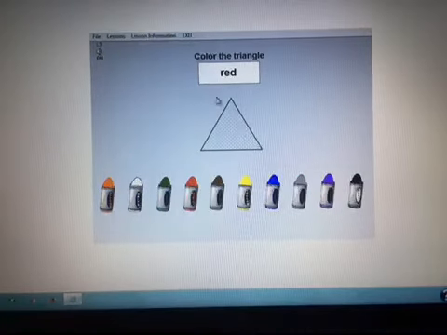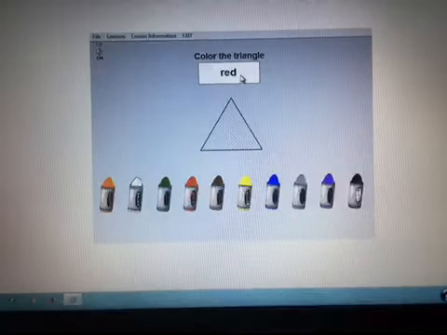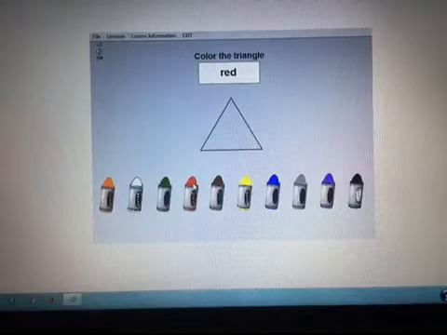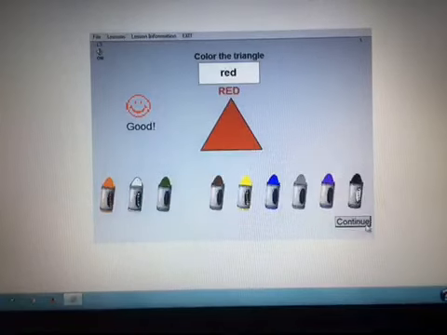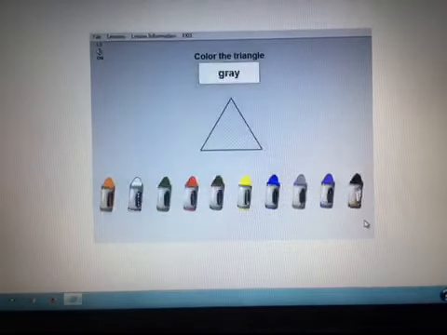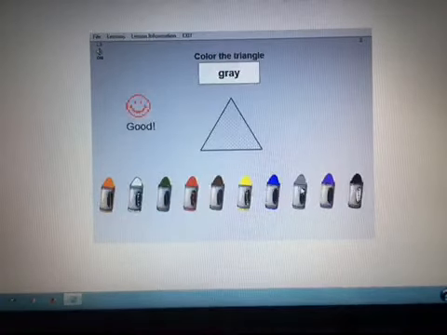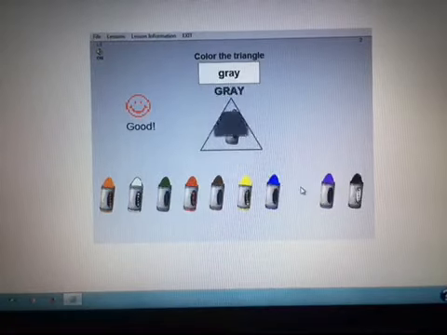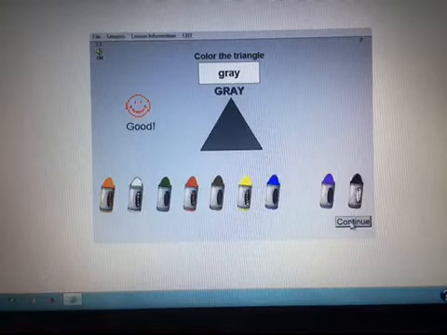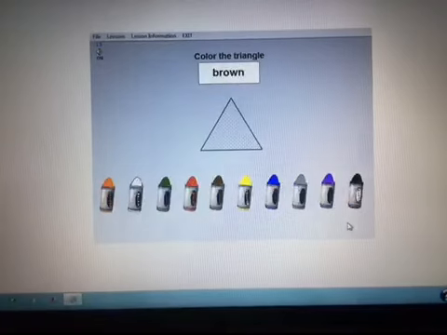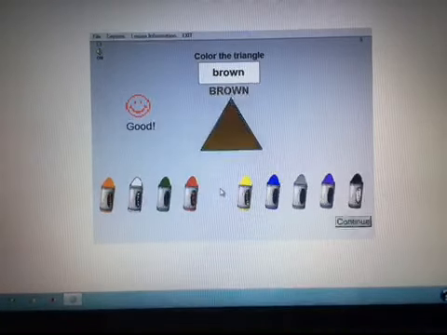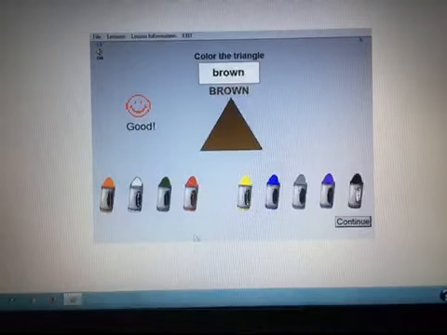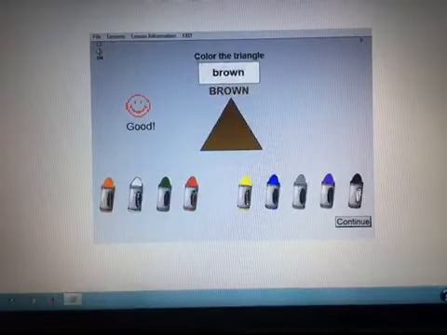And again, we are not giving them a color cue, so this is much more difficult. Good, red. Color the triangle. Good, gray. Color the triangle. Good, brown. So I think we now understand what's going on with this lesson.